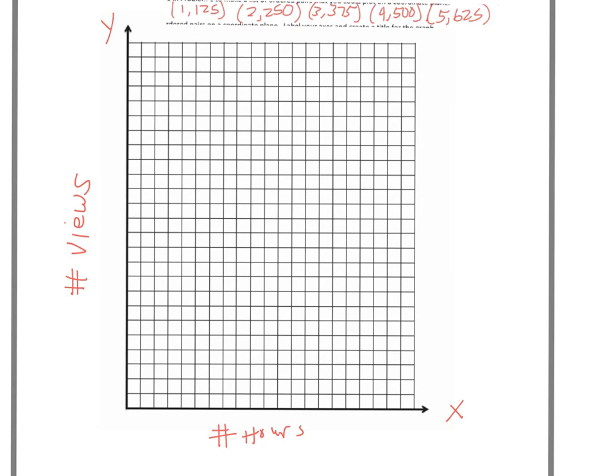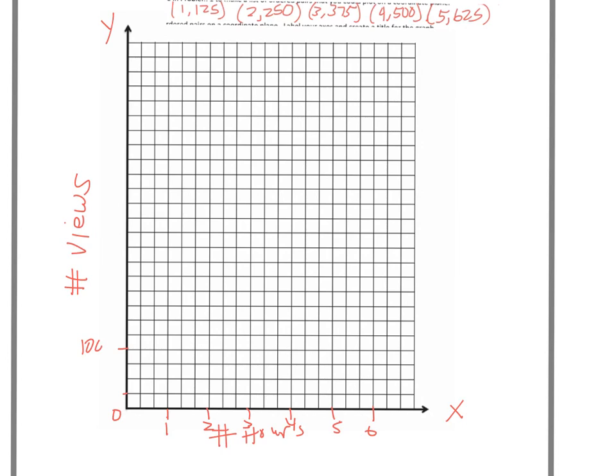So now I'm going to do the scales. I only need to get up to 6, so I'm going to go every 2. And so there we go. So I have 1, 2, 3, 4, 5, and 6 right there, and then up the side. Each one is going to be 25 for me, so I'm going to label on the hundreds. So it's 25, 50, 75.